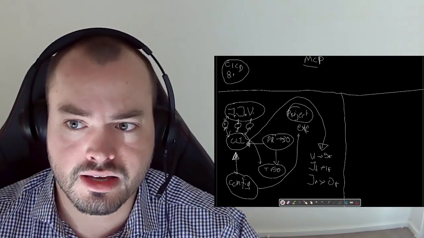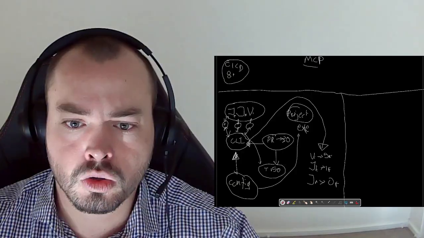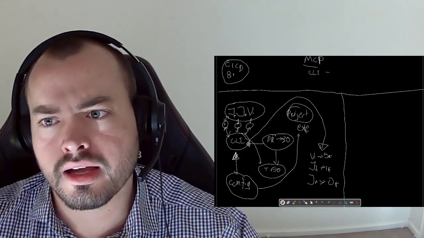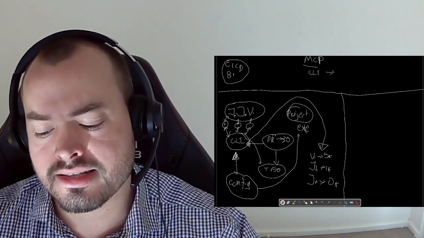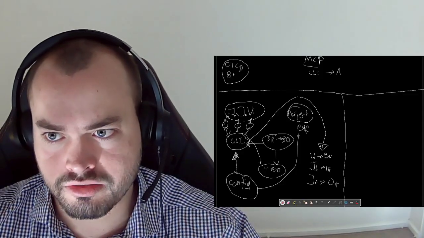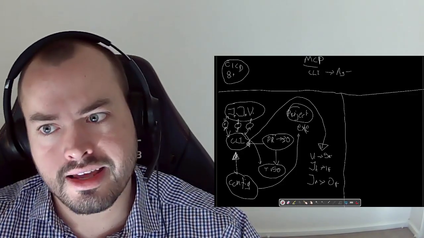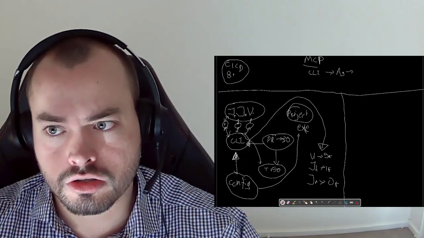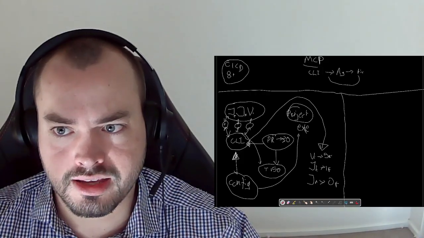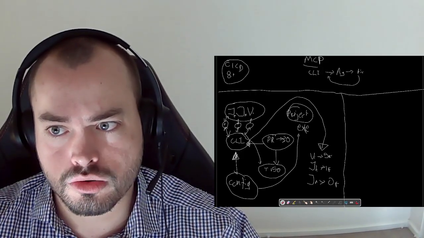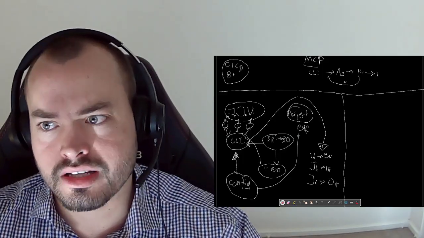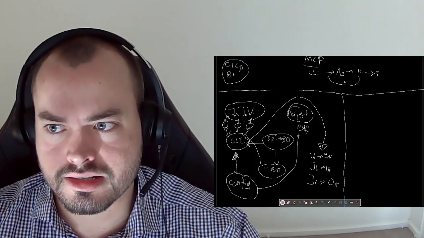So the MCP would call the CLI tool, the test runner, and it would then pass its output to an agent. So let's do capital A for agent, and then the agent would go in a circle, fix, then back again to the CLI, and it would do that X amount of times until everything is fixed. So until we have a success output, right?